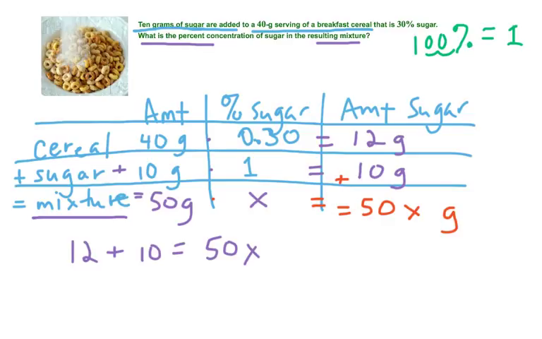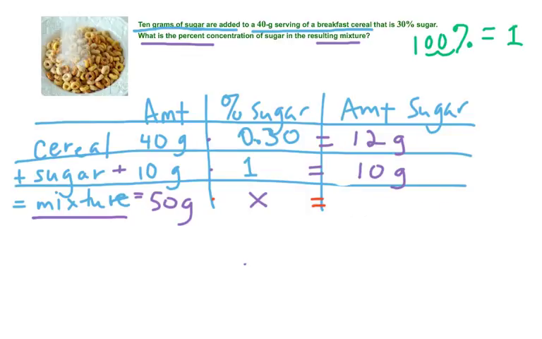Let's do it the other way. I just want to show you the other way. Let's erase this and look at it another way. It might make a little more sense to you. I can fill in that the amount of sugar is 12 grams, and I'm adding 10 grams of sugar, so I'm going to get 22 grams total of sugar.